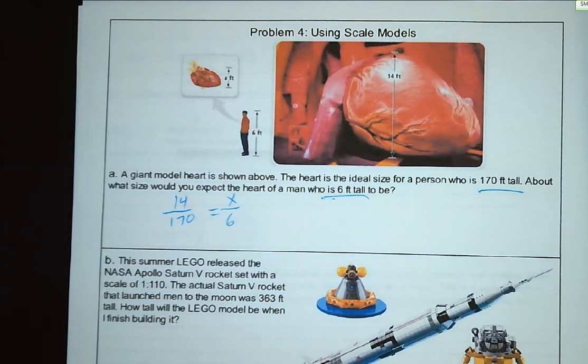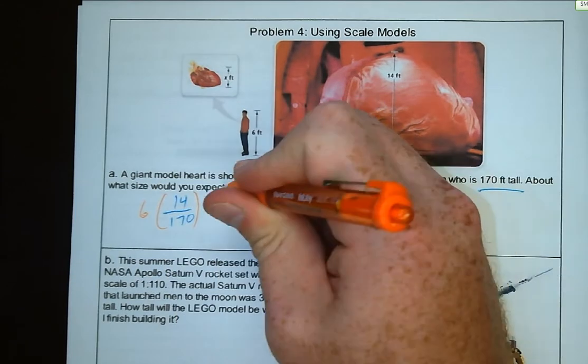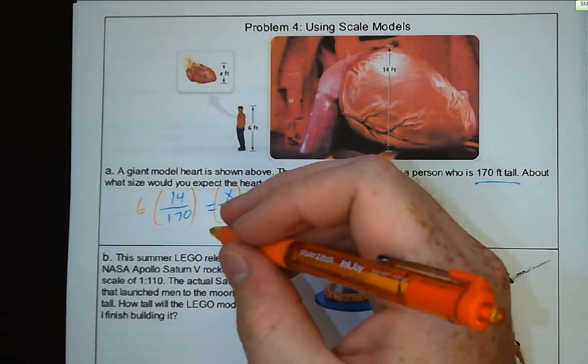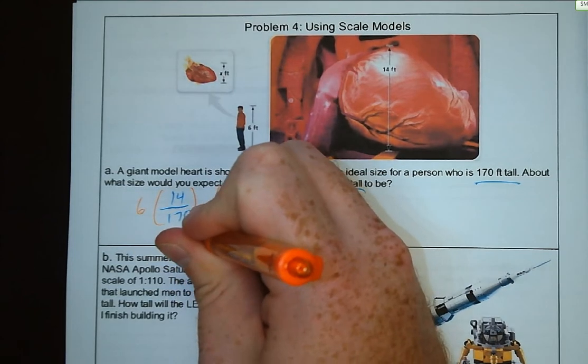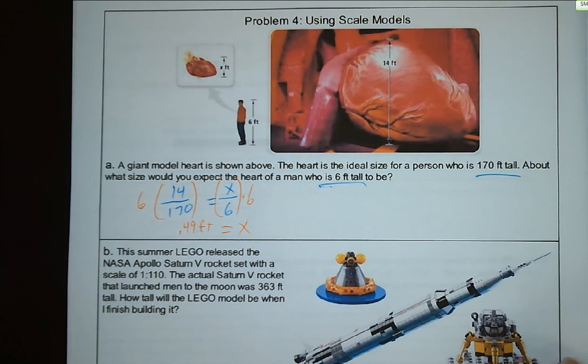So now we need to multiply both sides of the equation by 6. And we get that x is equal to 0.49 feet, or just about 6 inches.